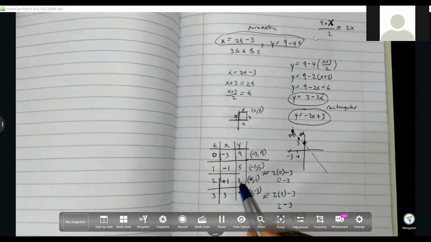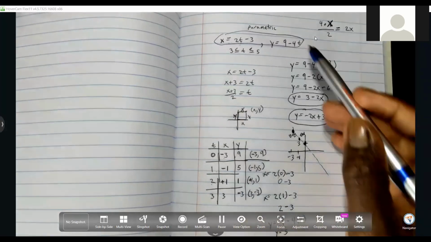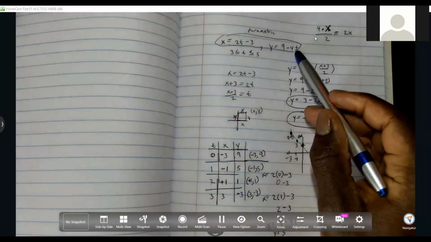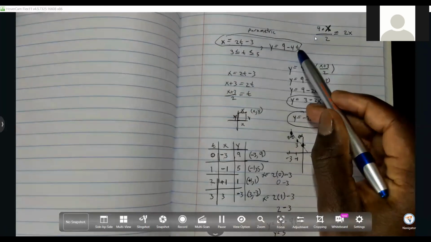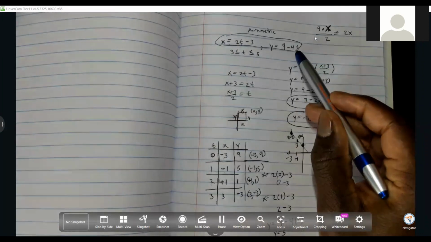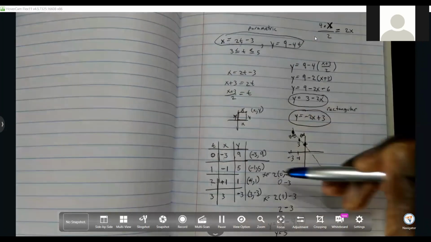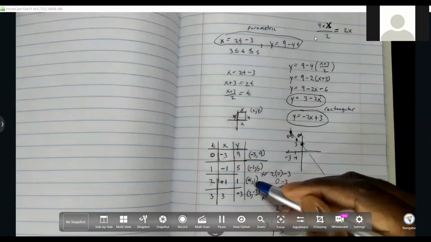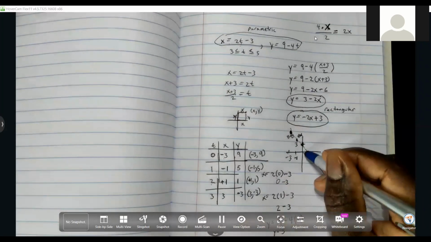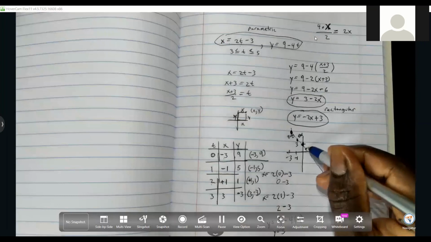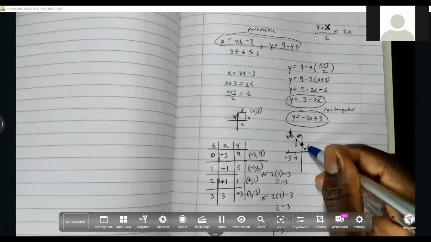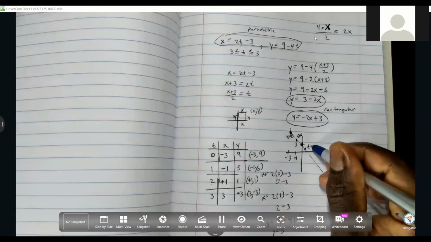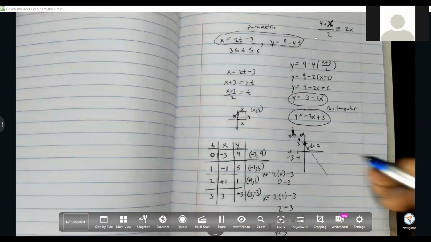Let's just check this one because I may have made a mistake on that too. If we substitute 2 here, 4 times 2 is 8. 9 minus 8 is 1. So we have 1 here. If we plot this point, 1, 1 could be over here somewhere. So that's where the third point is.